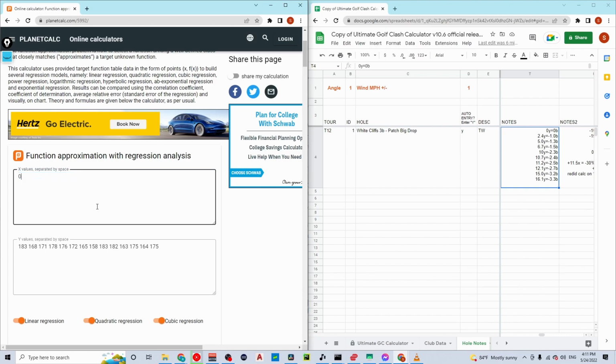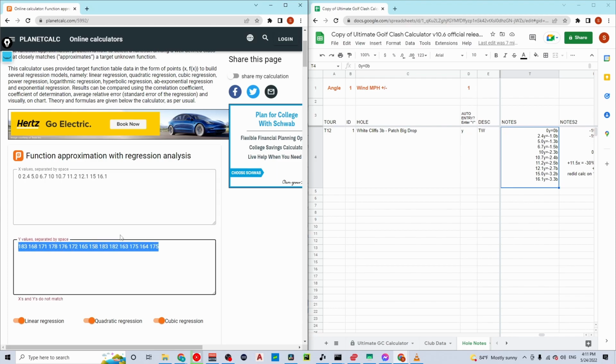So 0, 2.4, 5.0, 6.7, 10, 10.7, 11.2, 15, and 16.1. And the Y's: 0, 0, minus 1, 1.3, 5, minus 2.3, minus 2.4, minus 2.7, minus 3.2, and minus 3.3.